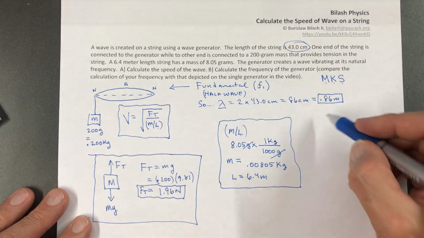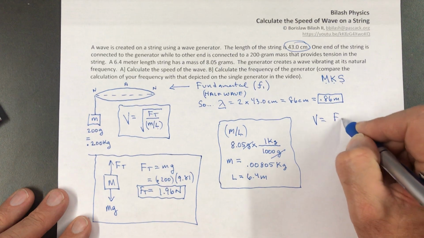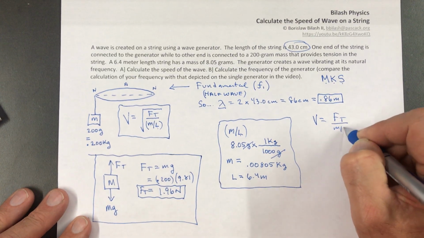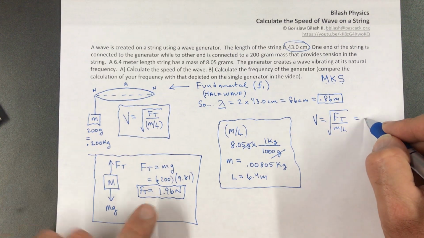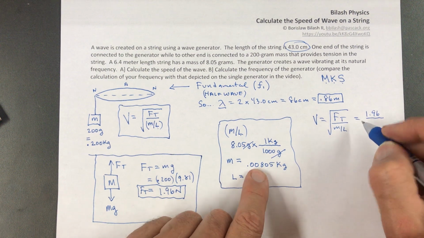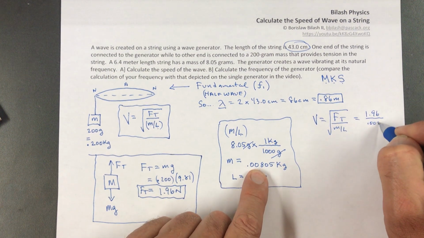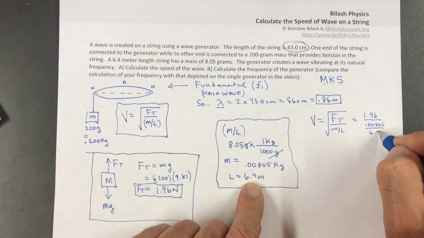So let's figure out what the velocity is. Velocity is going to be equal to Ft over m divided by L, square root. Plug in the numbers. We have 1.96 divided by 0.00805 divided by 6.4.